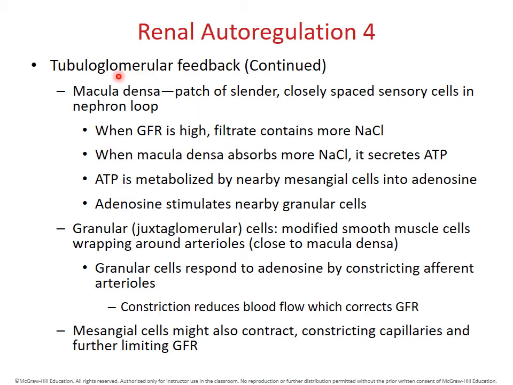So again, this is all part of what we call the juxtaglomerular apparatus, this whole structural system around the afferent arterioles and the tubules. So what do these mesangial cells do that are essentially right next to these macula densa cells, just outside of them, outside the tube?